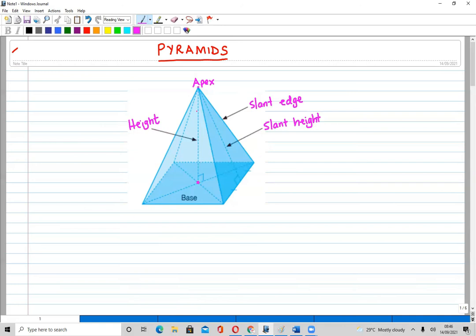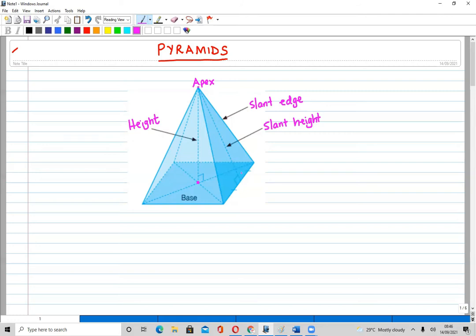But the slant height is the height of the face. So that's what we call the slant height, or in other words, the height of the triangle.